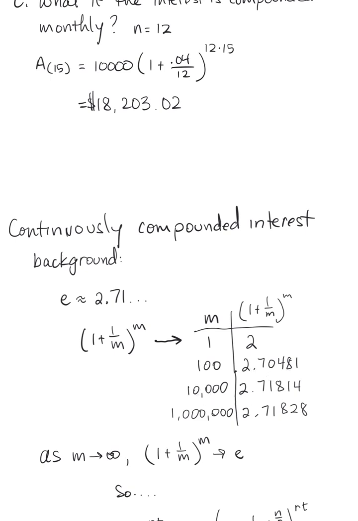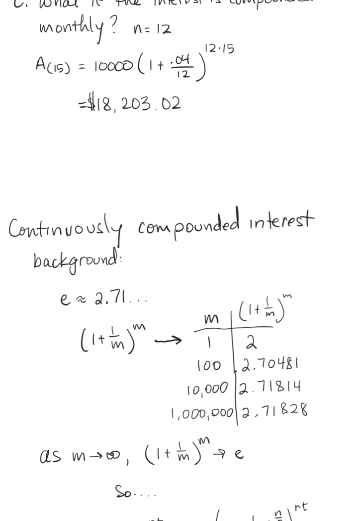If it's 10,000, you can see that as m continues to increase, this value starts to grow a little more slowly, 2.71814 to 2.71828. As you continue to increase to 1 billion to 10 trillion, it's going to be 2.71, and then just going to have changing decimals way far down the road here.